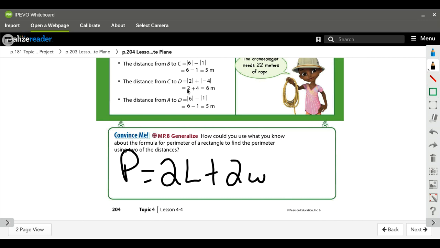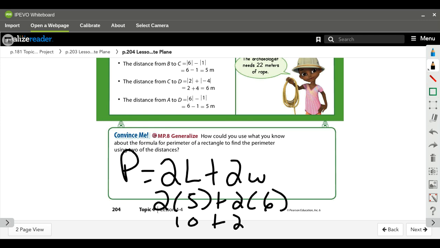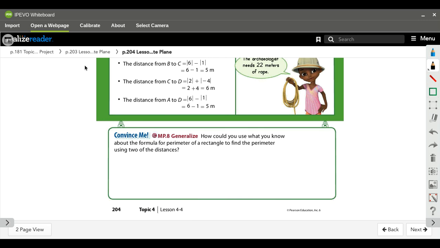I could really just use BC and CD, because here my length is going to be 5 and my other length is going to be 6. If I substitute 2 times 5 plus 2 times 6, I end up with 10 plus 12, which gives me 22 meters. So I can solve it if I know my formula, just using 2 of the coordinates.